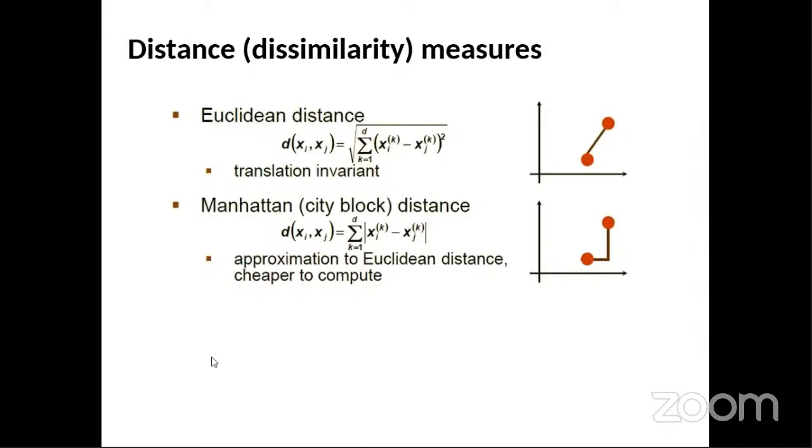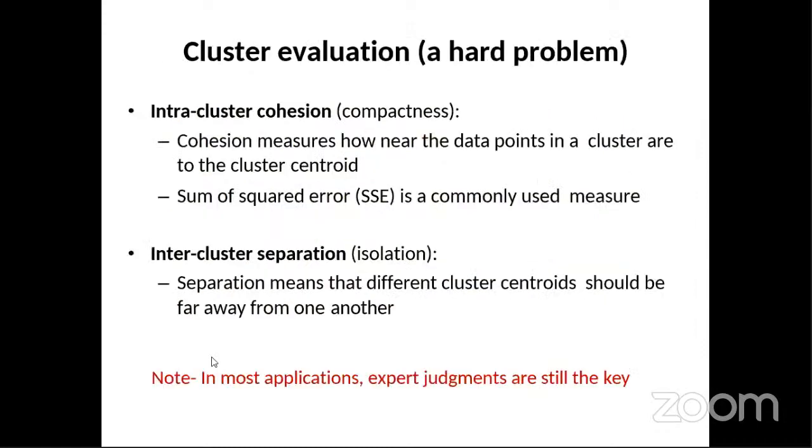There is the Silhouette index, there is the DB index, there is the Dunn index, right? So it depends on what sort of evaluation you are doing while you are formulating the cluster. Depending upon that, you can choose a distance measurement. Now, when we say cluster evaluation, which we already said is a non-trivial, hard problem, we can at least rely upon two parameters: intra-cluster cohesion and inter-cluster separation.